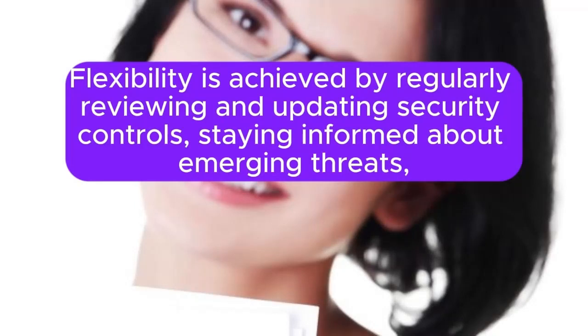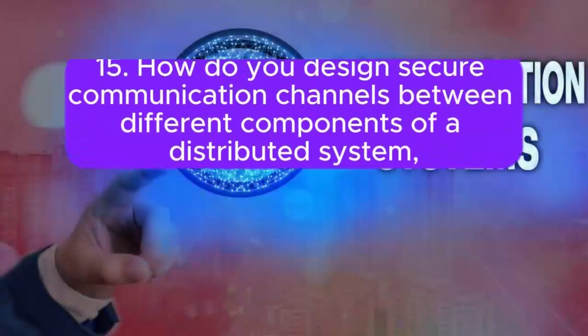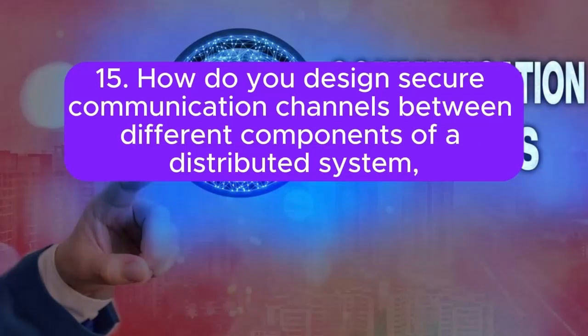Flexibility is achieved by regularly reviewing and updating security controls, staying informed about emerging threats, and conducting periodic risk assessments to adapt the architecture to evolving risks and technological changes.